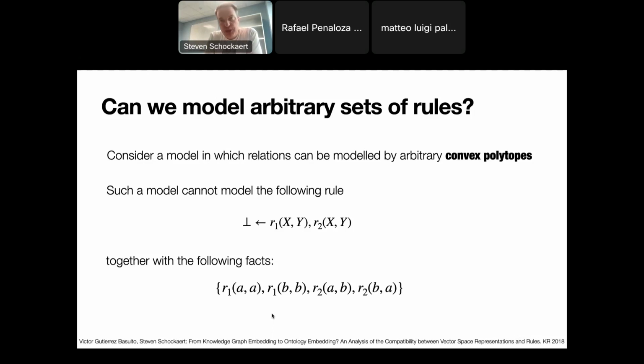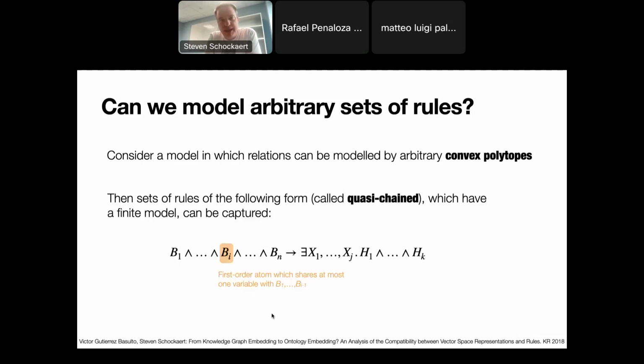Now, we also have positive results. The main one here is as follows. We're going to represent relations as convex regions, so convex polytopes. And then we can always satisfy an arbitrary set of existential rules as long as that set of rules has a finite model, and the form of these rules satisfies a condition that we call quasi-chains.